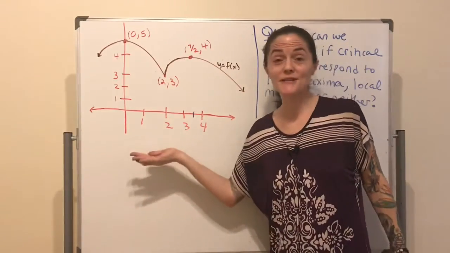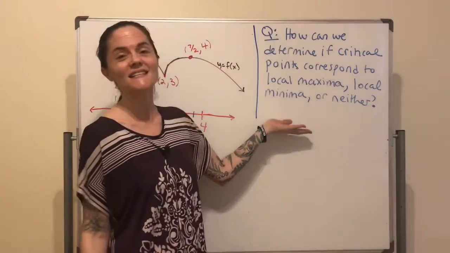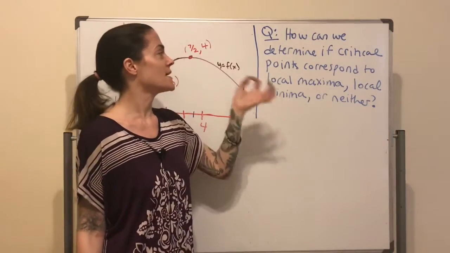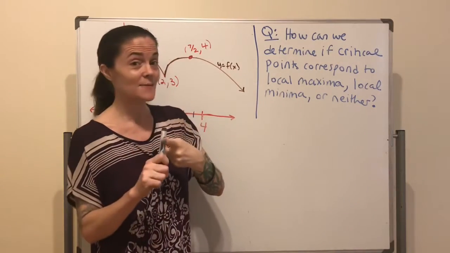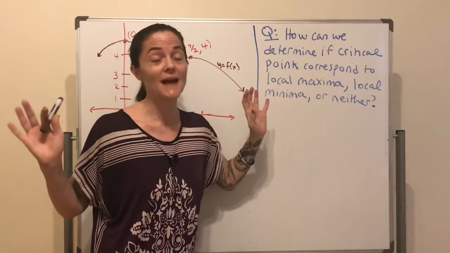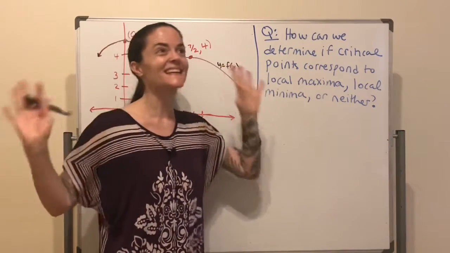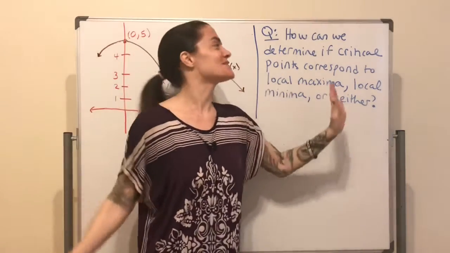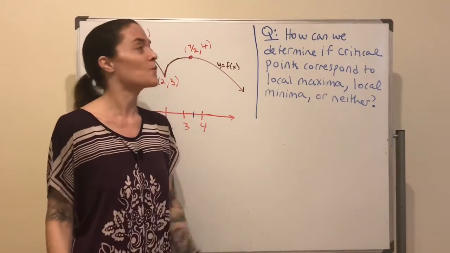I have returned to this original graph to address the following question, and that is, how can we determine if critical points correspond to local maxima, local minima, or neither? So far we have looked at graphs and what does it look like, okay? But the answer to this question, let's say in the absence of a graph, how would you?